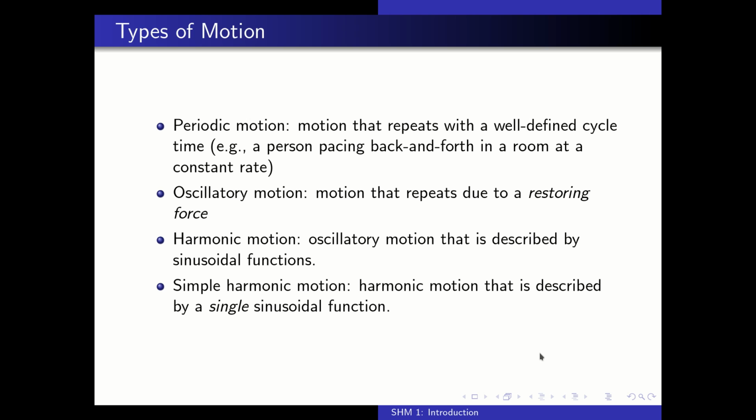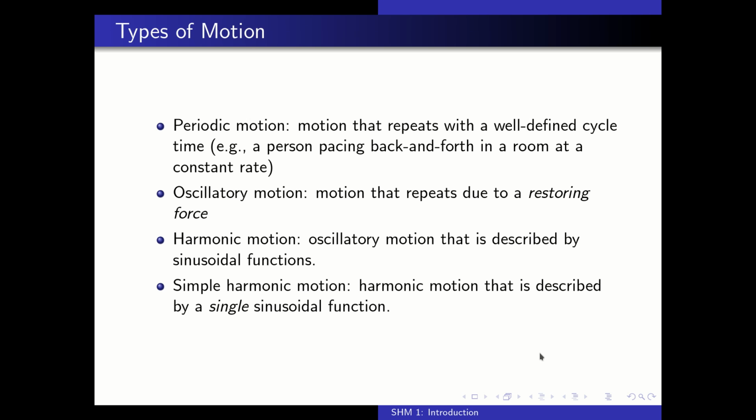Now, the last two are going to be distinctions that are going to be made more clear as we go on with our mathematical description. What we're going to see is that there is a class of oscillatory motion that is very well described by sinusoidal functions, the sine or the cosine, and we call that subset harmonic motion.